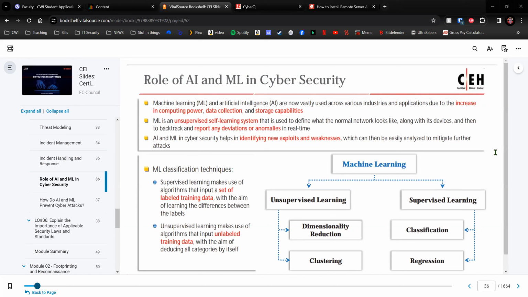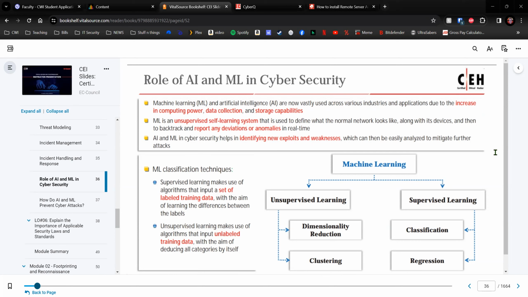ML classification techniques: supervised learning makes use of algorithms that input a set of labeled training data with the aim of learning the differences between the labels. Unsupervised learning makes use of algorithms that input unlabeled training data with the aim of deducing the categories by itself.